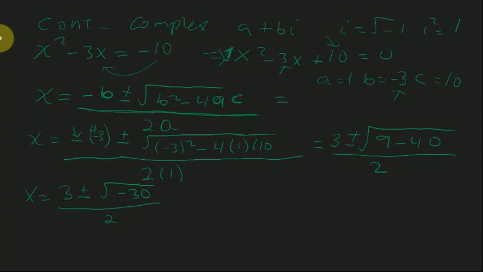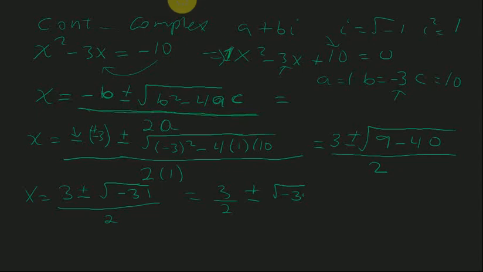Now we can work on this. It's like a fraction, so you can say 3 over 2 plus or minus, because this denominator belongs to all of them, the square root of negative 30. Negative 30, I think it has to be 31, yeah, because I'm subtracting 40 from 9.